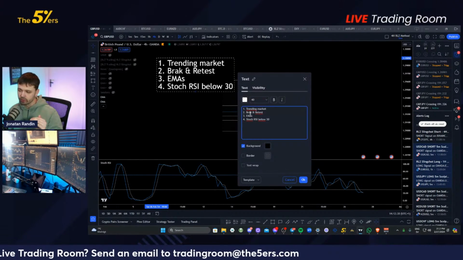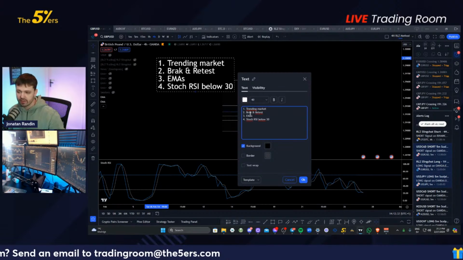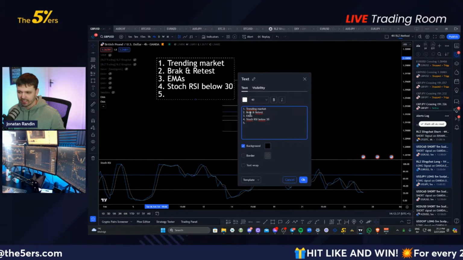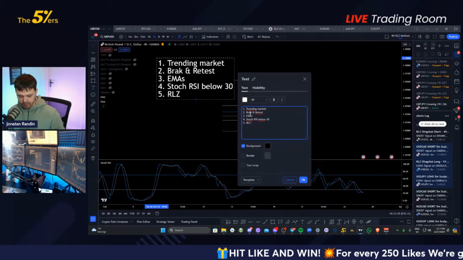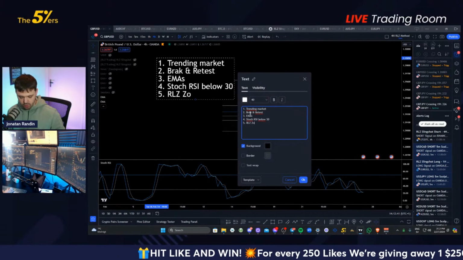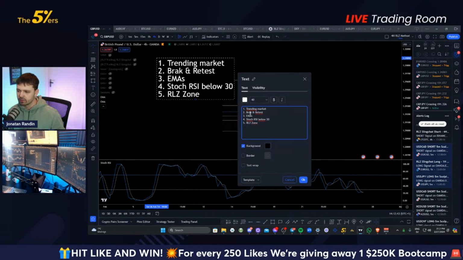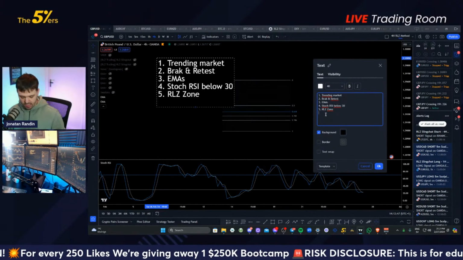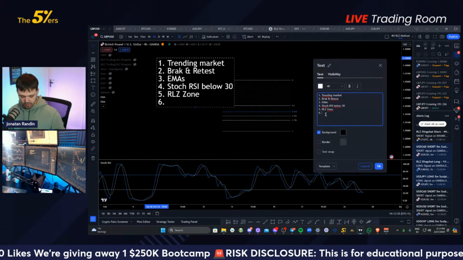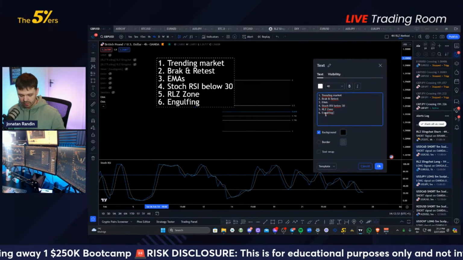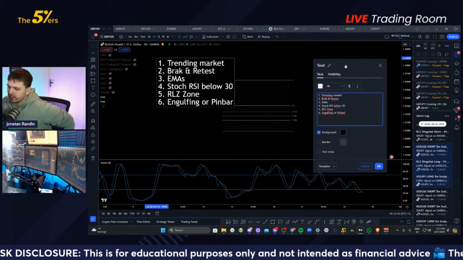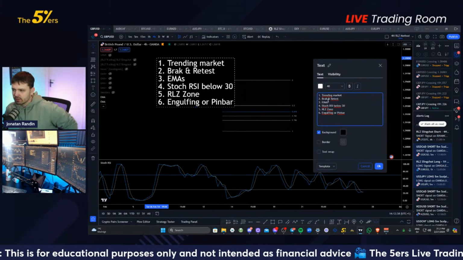But when going short, you want the stochastic RSI to be above 70. And then number 5 is the RLZ zone of the fib tool, which is the area between the 0.618 and the 0.786. And then number 6, you want a bullish engulfing or pin bar. Okay. Find a trending market.